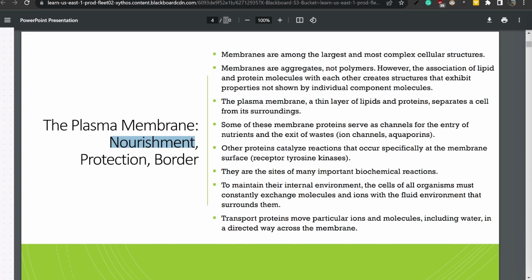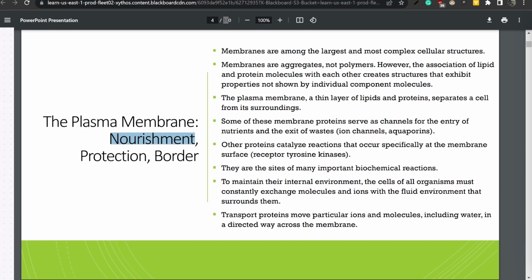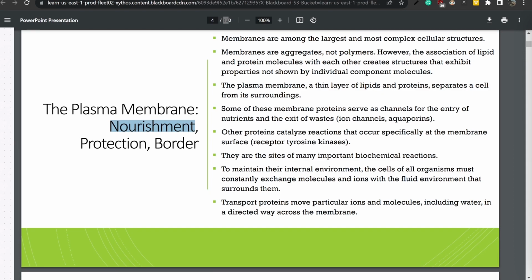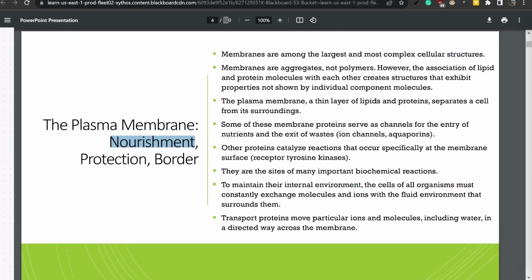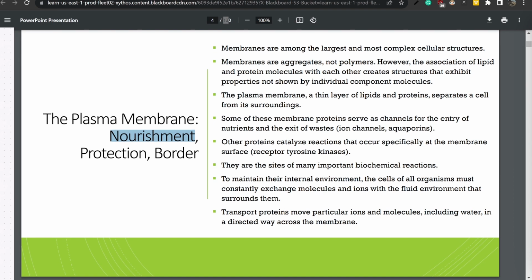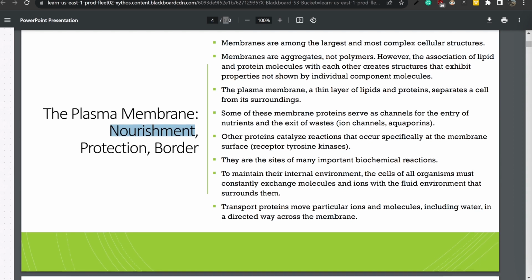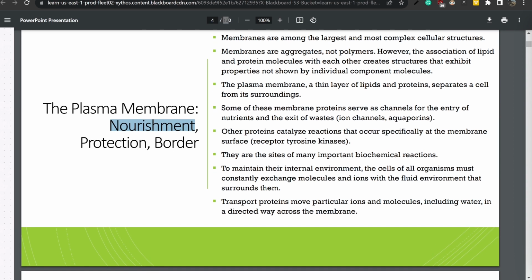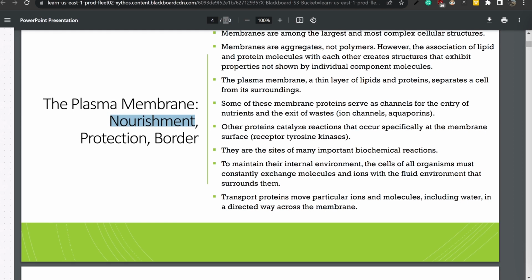So I'm going to look here for something that says about nourishment. Okay, entry of nutrients and exit of waste.